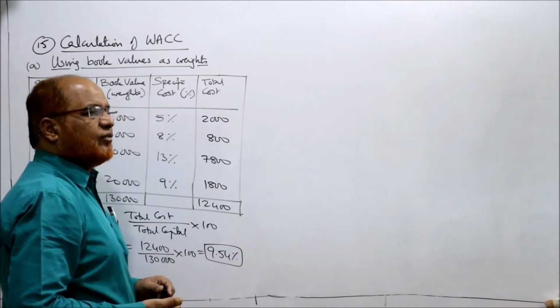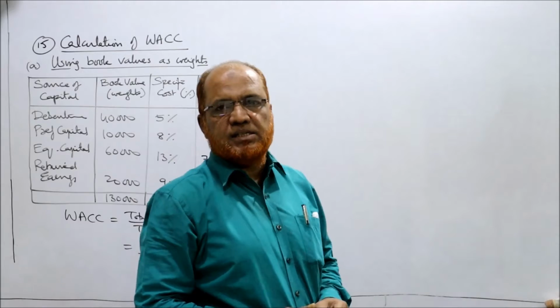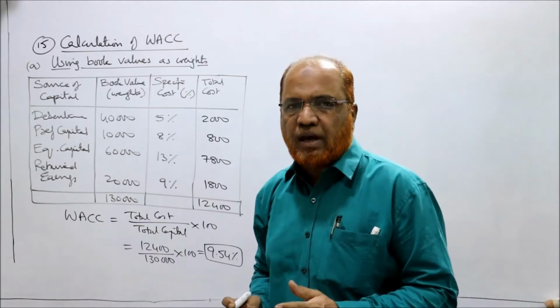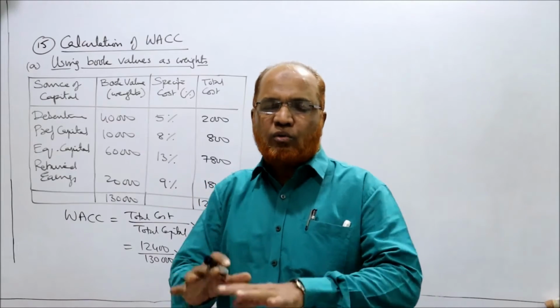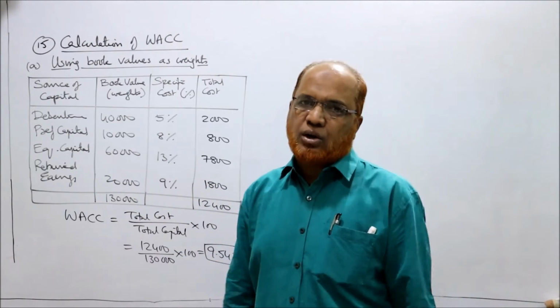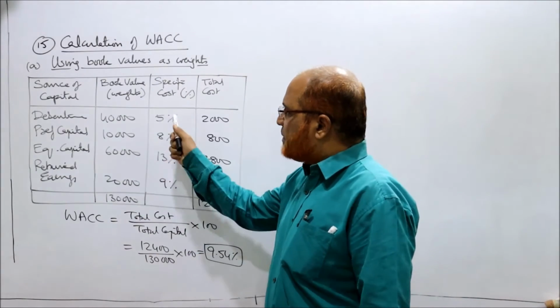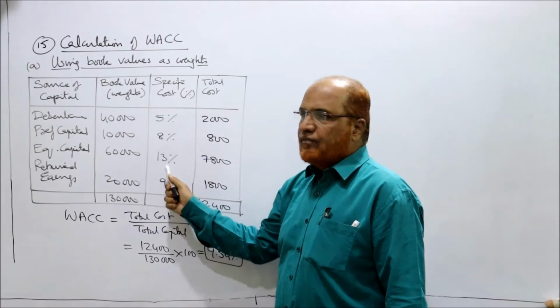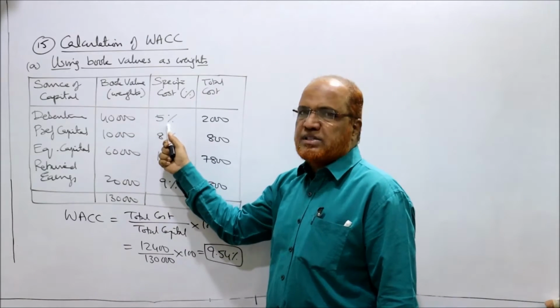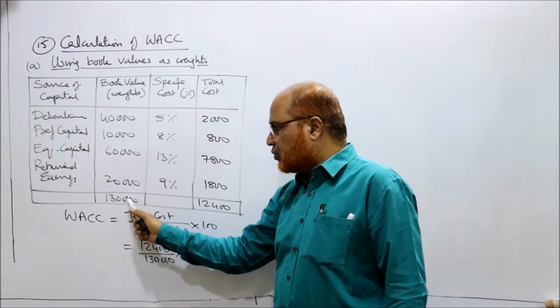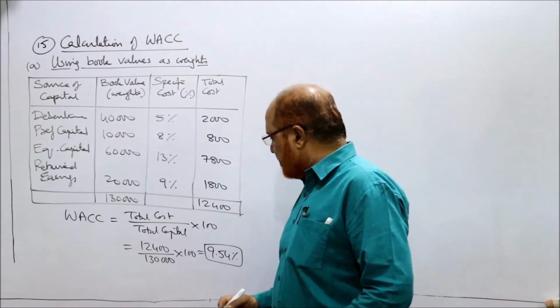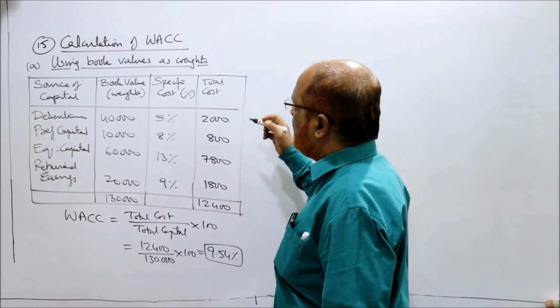This 9.54% is called WACC, weighted average cost of capital. This is the first problem where we are finding out WACC, overall cost of capital, combined cost of capital. So individually specific cost of capital are given. We have simply multiplied the book value with specific cost to get the total cost. WACC formula, total cost divided by total capital into 100. This is the method of finding out WACC.